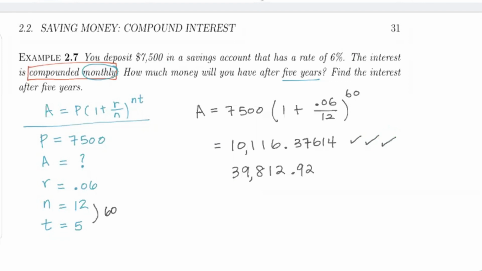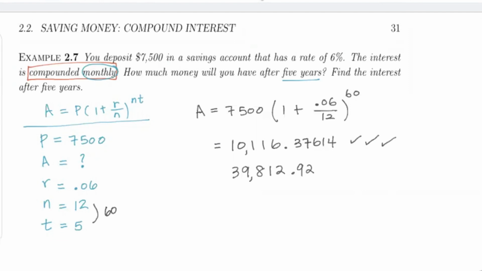Caitlin, did you get the right number, or what's going on here? It's 39,000. Caitlin, you're on mute. I didn't multiply the 12 times 5 before I wrote it out.